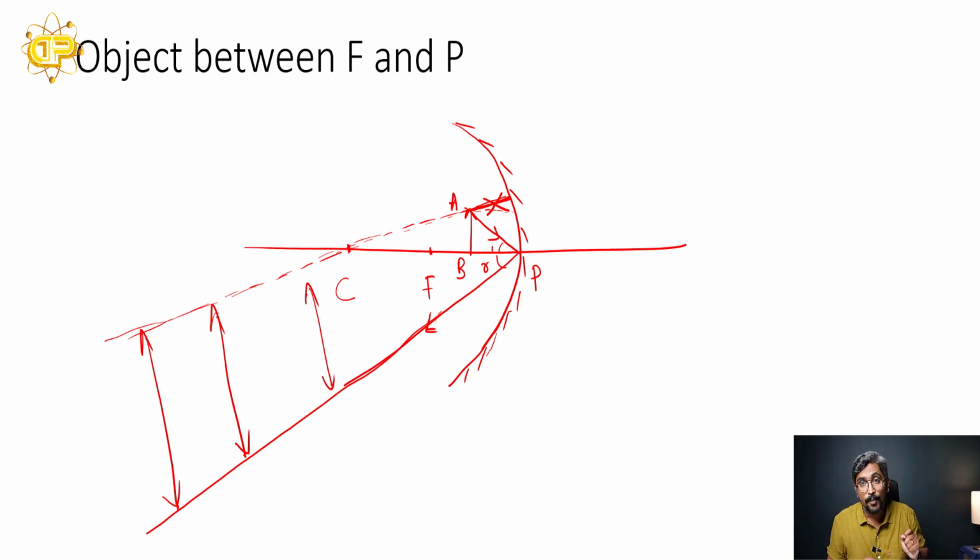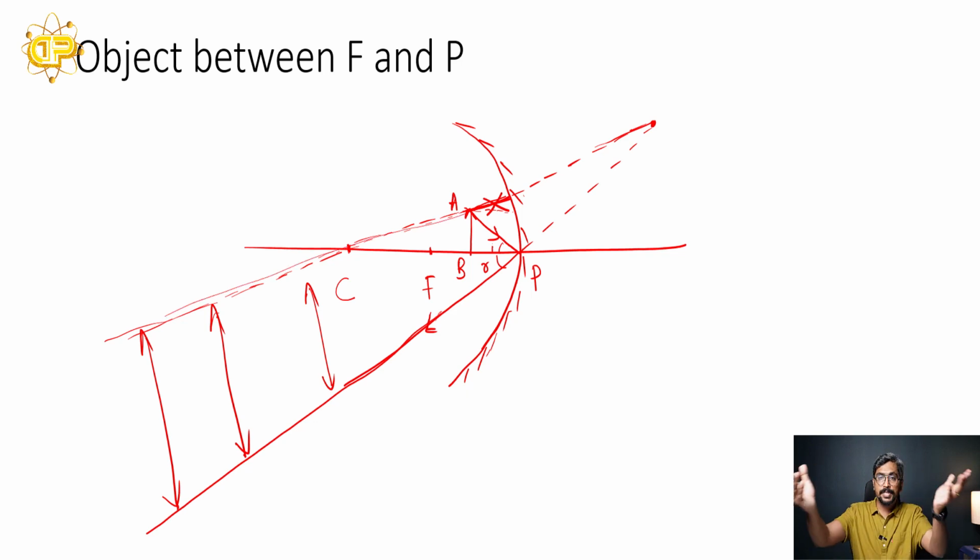So one very important procedure that you have studied in physics and optics, in such cases, is that you will extrapolate, extend the reflected rays backwards, and you can see this extension will meet at a point, and it seems that from this particular point the reflected rays are emerging.